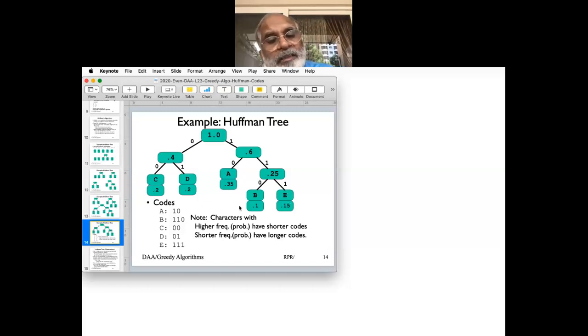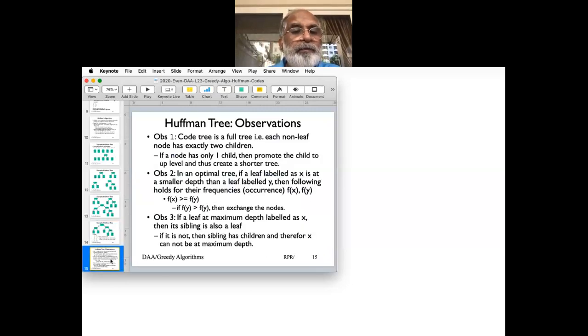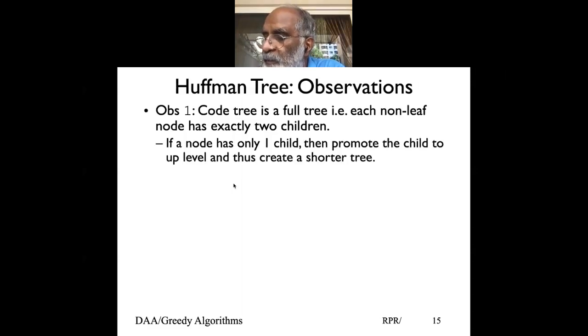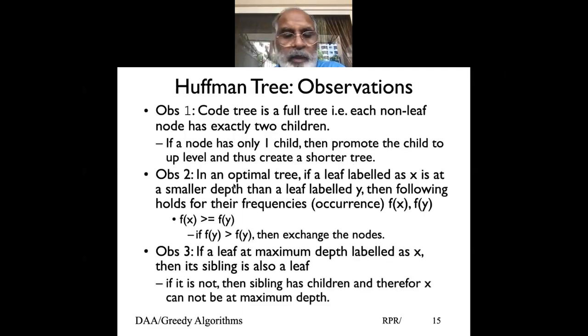A node at the maximum depth would always have a sibling, and that is because, remember, the way we start, we always take two nodes with the lowest frequency together and then join them. So the first two nodes which we take would always be at the maximum depth because we keep building up, and that's the reason for observation 3, which is that if a leaf is at maximum depth, then its sibling is also a leaf, and both are at the same level.